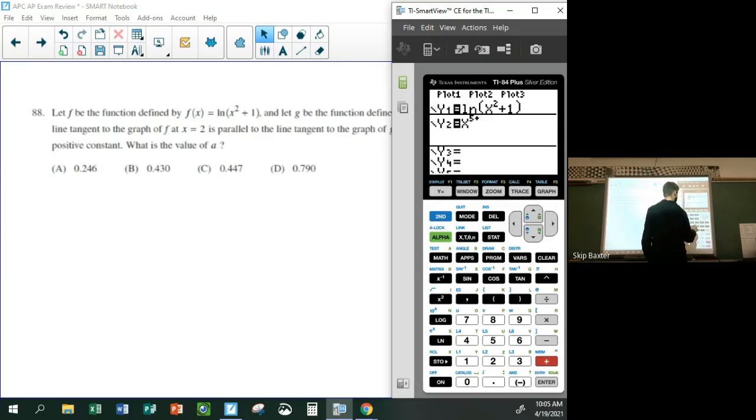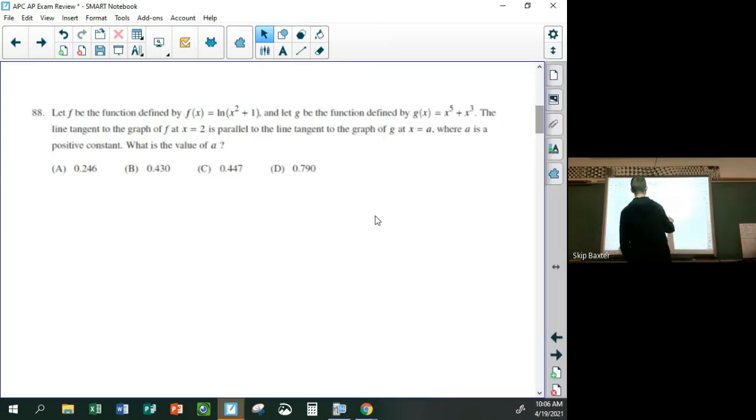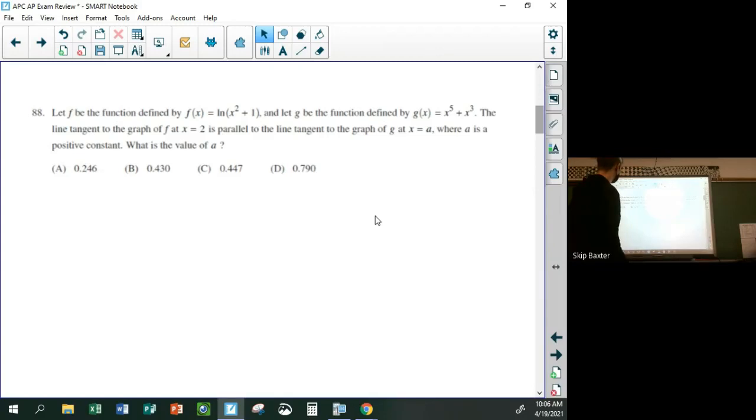But you've got to get out of the exponent. Okay, so I would have to do the derivative of that, which is 2 over x squared plus 1. It was 2x over, right?